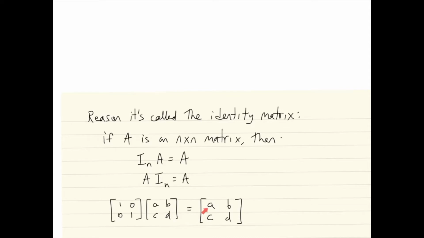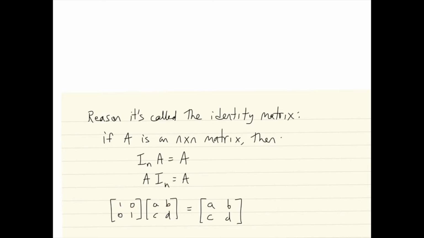So the entry here is in the 1, 1 position. So you take row 1, column 1, and dot them. In other words, 1 times A plus 0 times C. And that gives me this A. To get the B here, this B is in the row 1, column 2 position. So I take row 1, column 2, dot them.